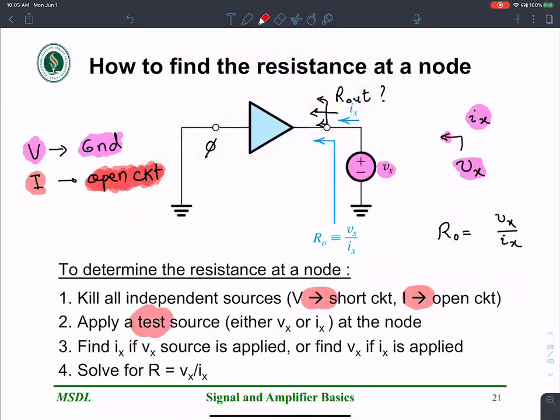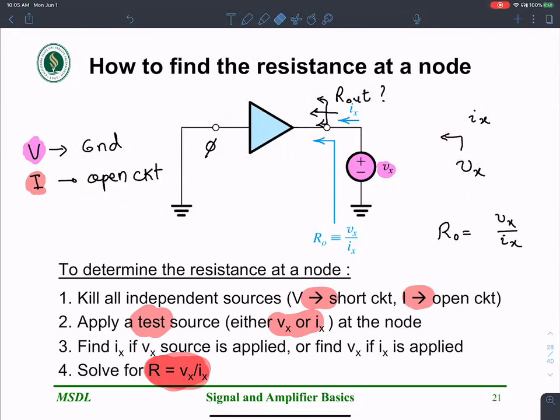Then you apply a test voltage and look at the test current. You could do the opposite. You could apply a test current and look at the test voltage. But you are interested in finding output resistance, which can be expressed as Vx over Ix, V test over I test. And that's your goal. So that's the goal eventually.